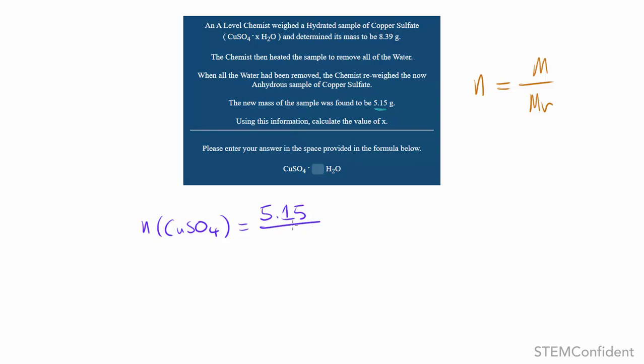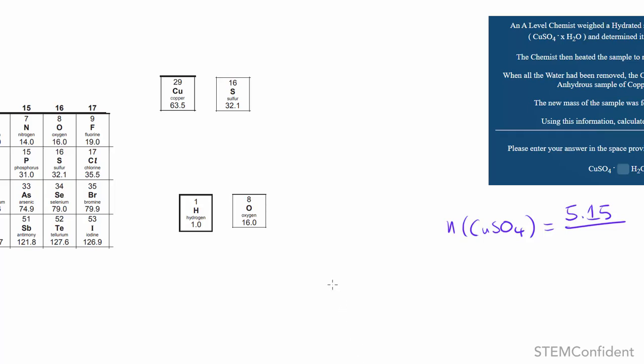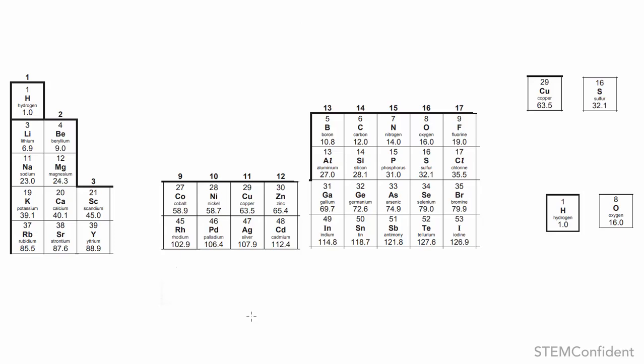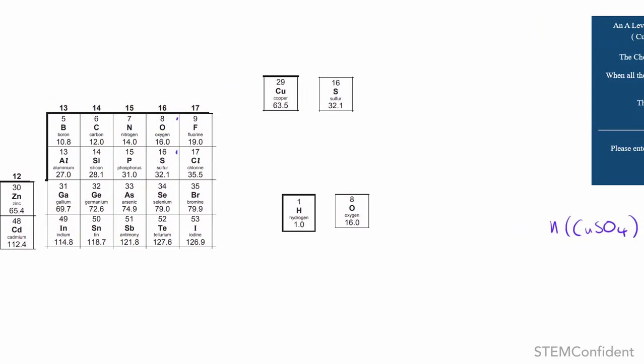Now, the value of Mr has not yet been worked out for CuSO₄, so I'm going to go ahead and do that, right? So you've got a few excerpts of the periodic table here. Relevant would be copper, sulfur, oxygen, and I've got these here as well just for convenience.